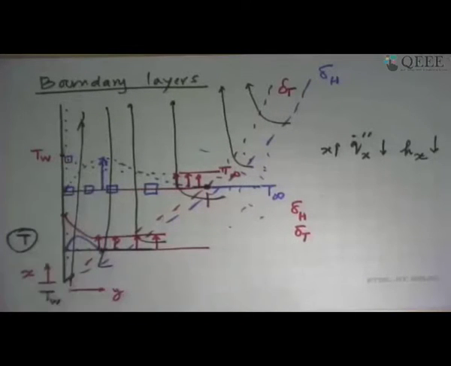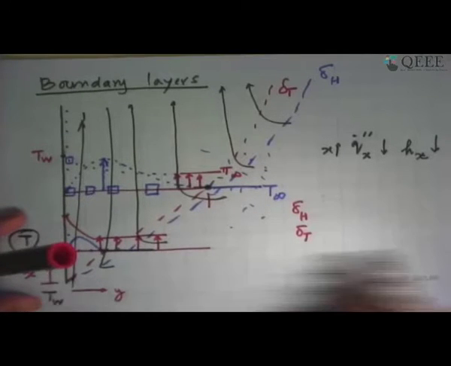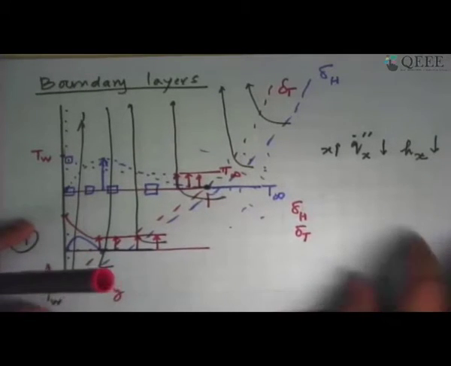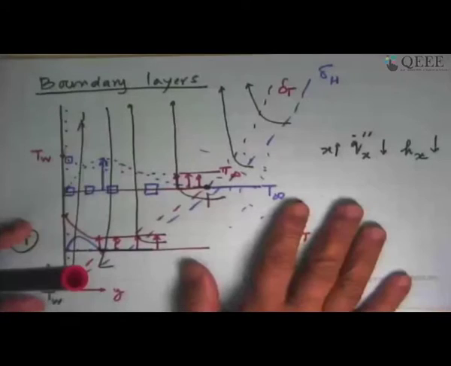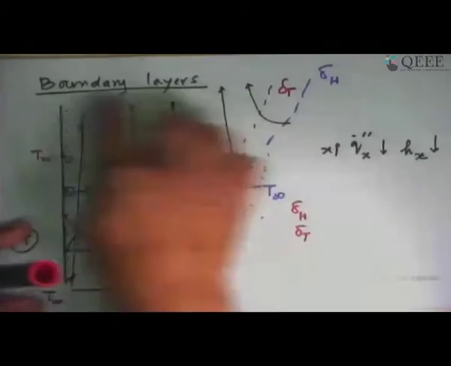We'll plot one more thing here and ask, how will the isotherms of the fluid look? That means, which are the lines of constant temperature. Outside this boundary layer, everything is T infinity, so there's nothing going to be there. You will have isotherms only inside this boundary layer.